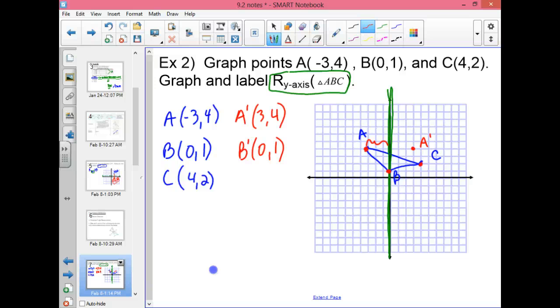So I'm going to, again, think about the distance to the line of reflection, and then go the same distance in the other direction. So here I have C prime. All right, so here's my new image, and C prime ended up being negative 4, 2.